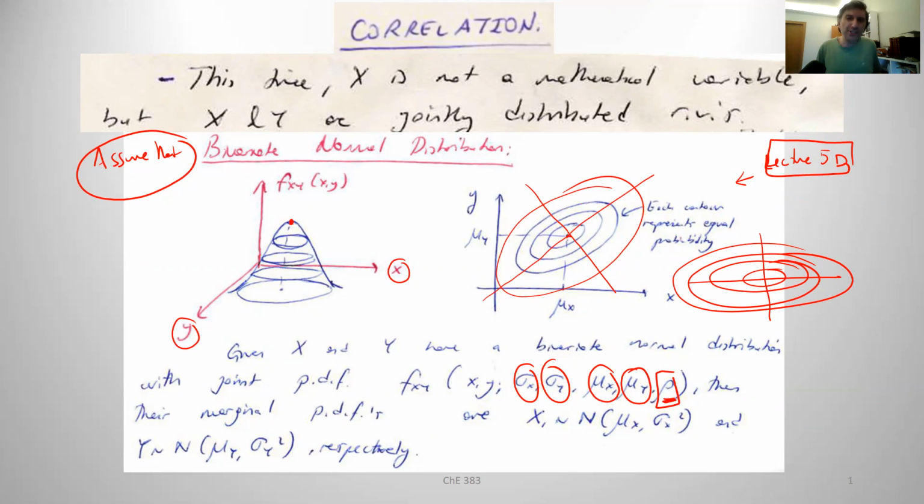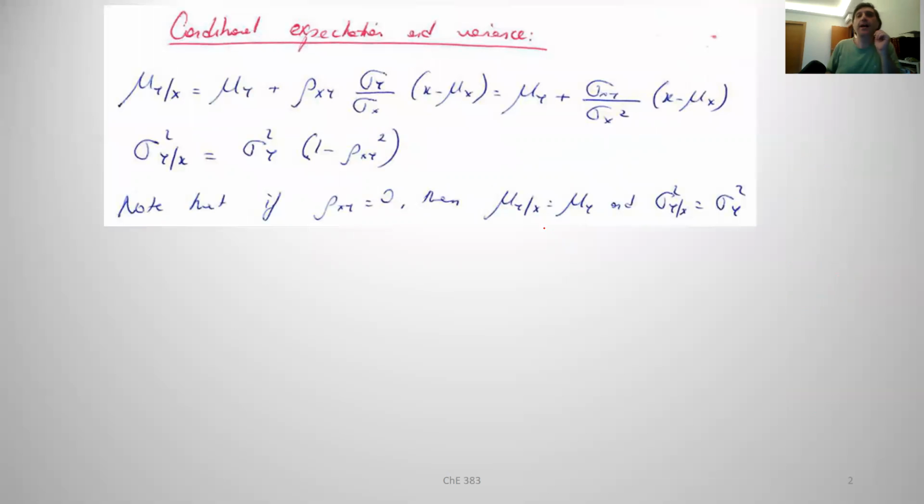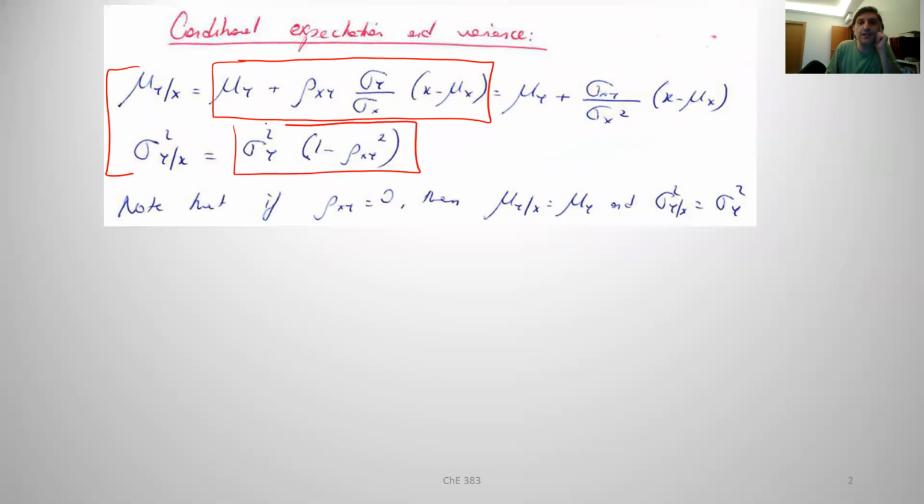So now the question is, can we somehow combine this perspective with the linear regression approach? Yes, we can. For those who don't remember, just go back to lecture 5D. Now we also have, without proof, the expected value of y given x equal to this equation here, and the variance of y given x equal to this equation.